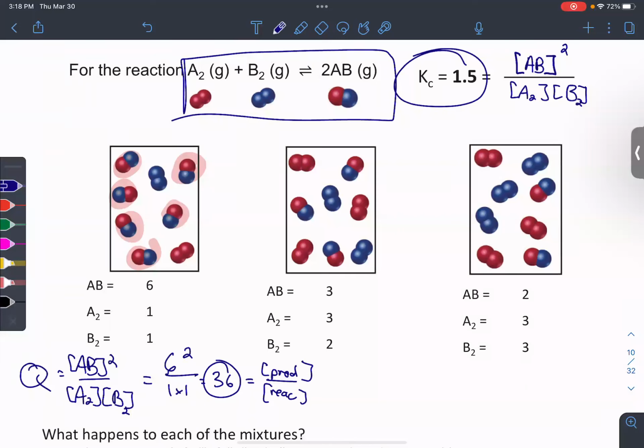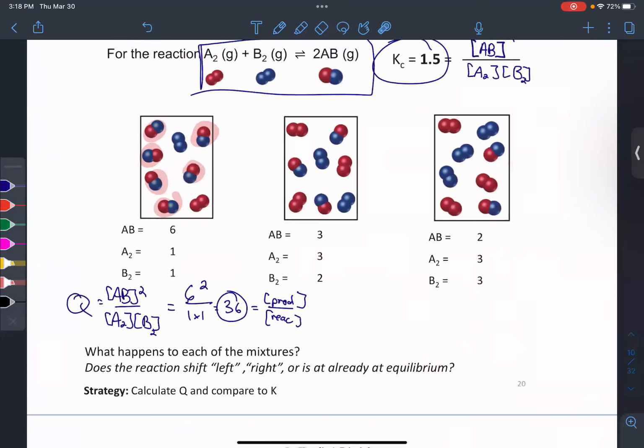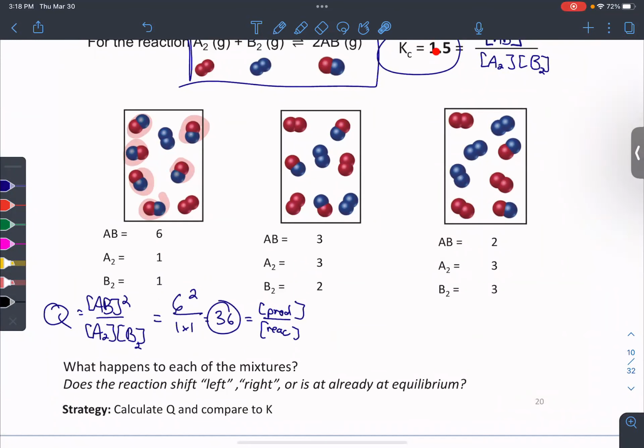In order to make that number smaller, if I go in the reverse reaction, I will consume products, so I'll make the numerator smaller, but I'll also increase the value in the denominator. So it'll overall make the total number smaller, so it reaches that 1.5 that we want. So this reaction needs to shift to the reactant side, so to the left.